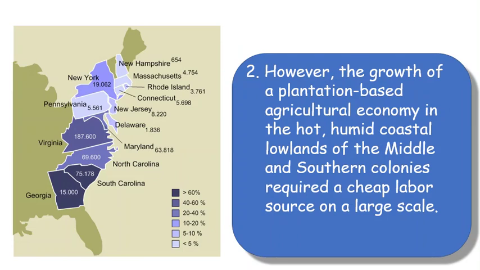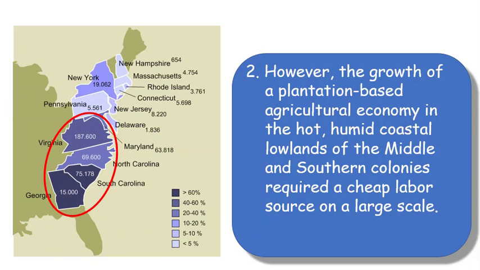It was the growth of a plantation-based agricultural economy. In these colonies down here, we can really see the effect of slavery in the shading. Above the red circle, most of the states, with the exception of New York, had a population of slaves of 10% and under.